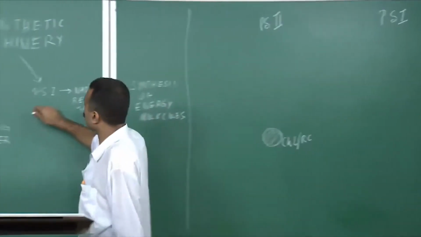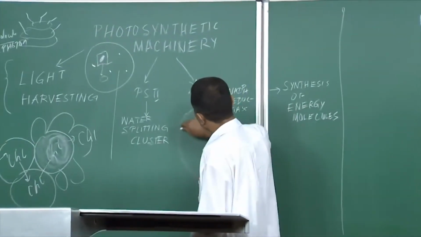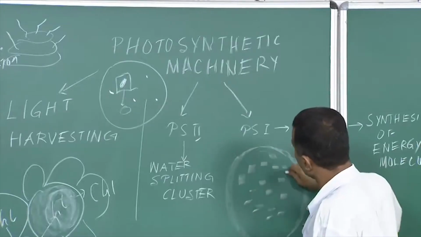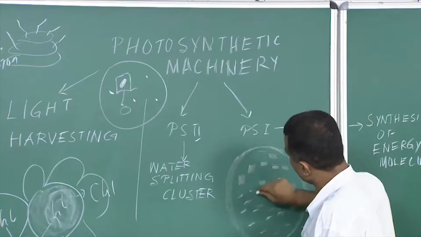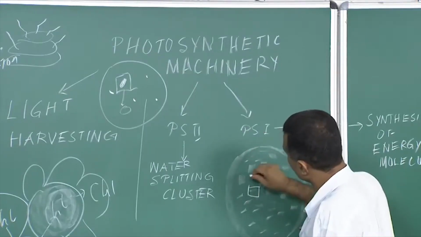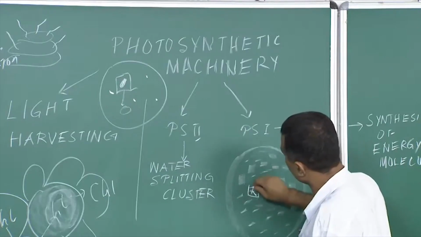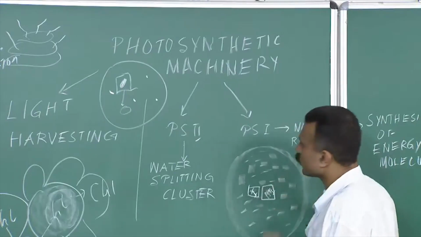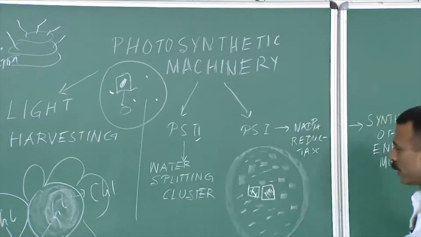So, if you see a pool like this of chlorophyll, there is a specific PS1 and there is a specific PS2, and they are spatially different, and they have a different name.